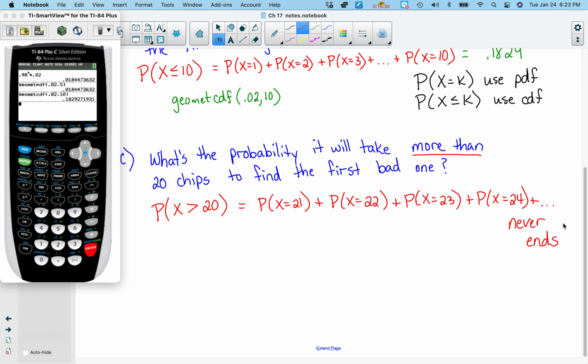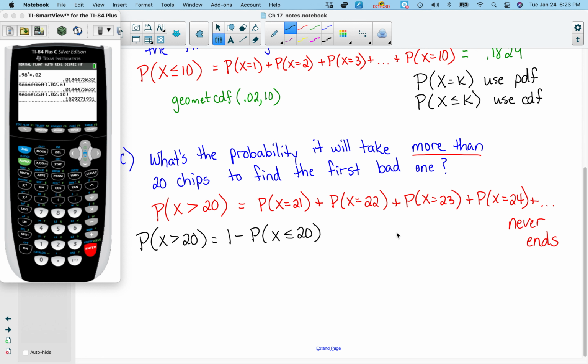So what you have to do instead of addressing this, remember that probabilities of the whole sample space have to add to 1. So in this case, if you want to know the probability that x is greater than 20, then you're going to do 1 minus the probability that x is less than or equal to 20.